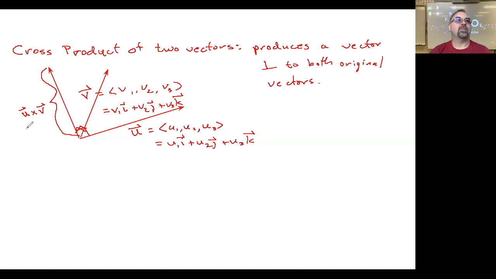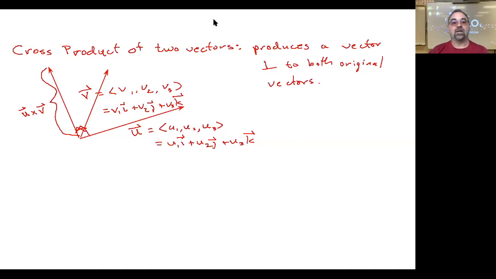So everything here is done in three-dimensional space. Now, if they happen to be in the XY plane, that's fantastic. But just remember then that your cross product is not going to be in the XY plane. It's going to be perpendicular to the XY plane.